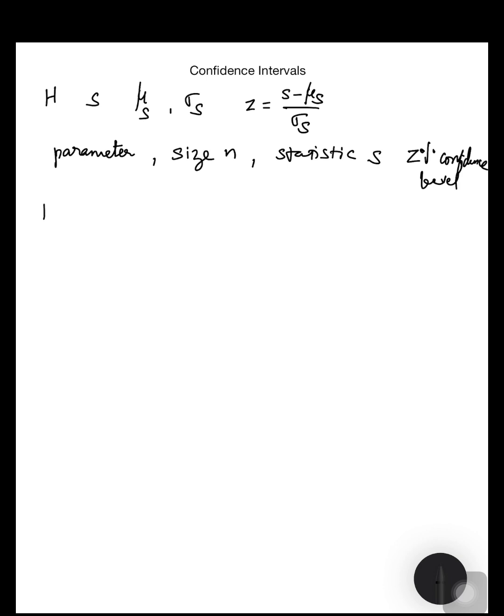Assume the probability of the parameter lying at a distance of E from the statistic S is equal to gamma, or gamma equals Z%, wherein gamma lies between 0 and 1.